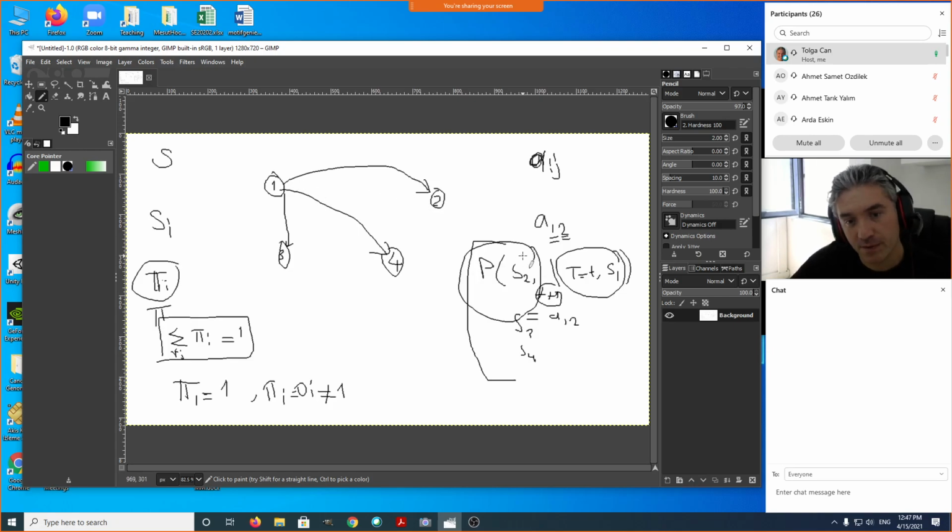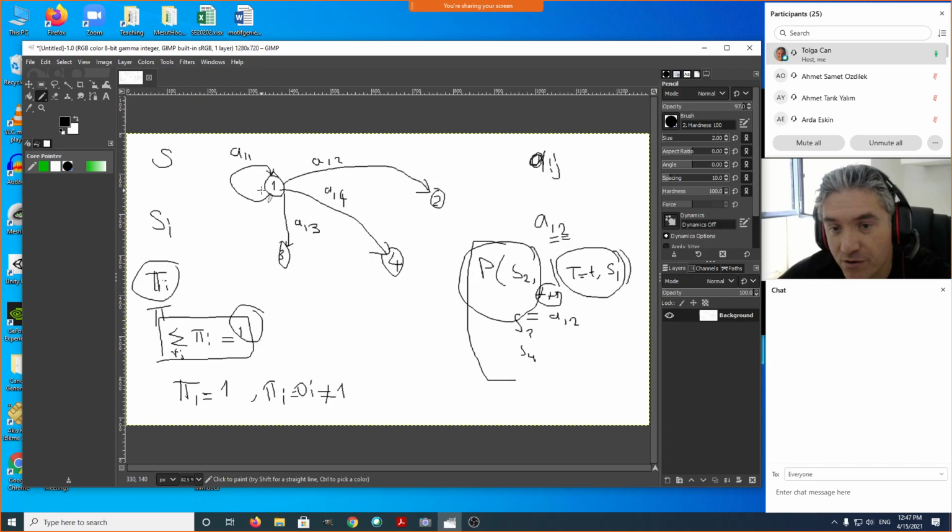The fact that this is a probability distribution means that the summation of edge weights, A12, A13, A14 and so on, should be equal to 1. By the way, self-transitions are also possible. A11 may be a non-zero probability, but all the probabilities on the outgoing arrows from a state need to add up to 1.